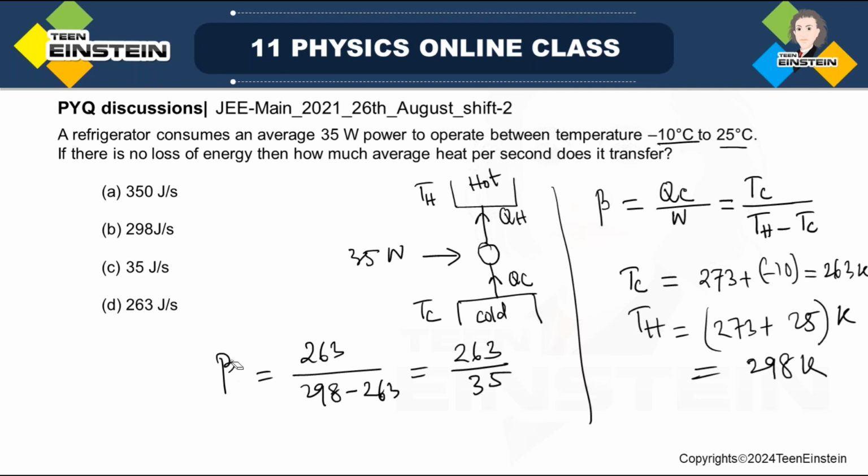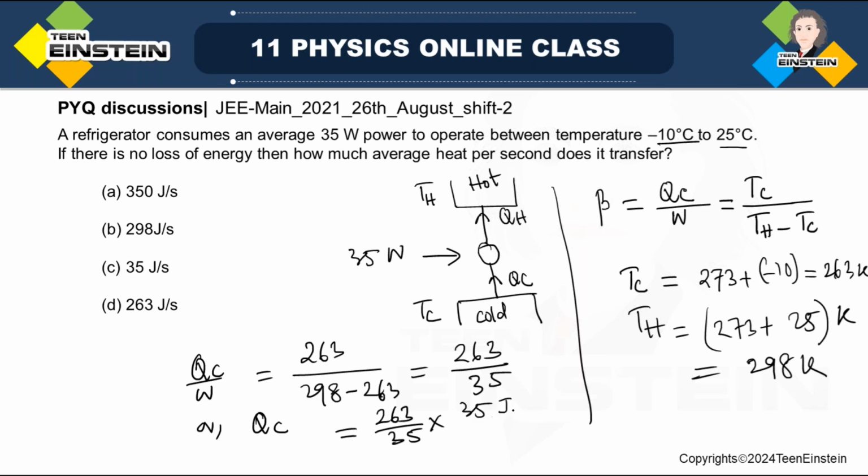So let us write this beta in terms of QC by W, or QC is equal to 263 by 35 into W. W is the average energy that has been sent per second. So that is 35.